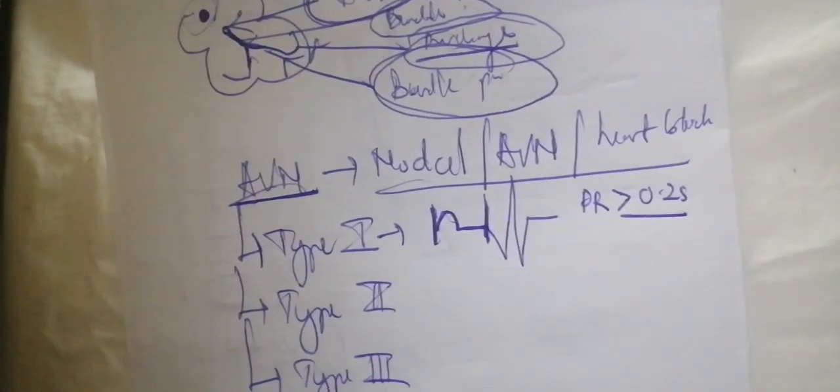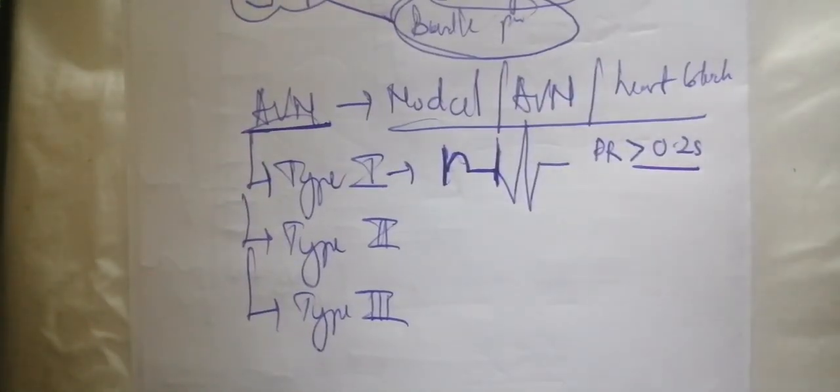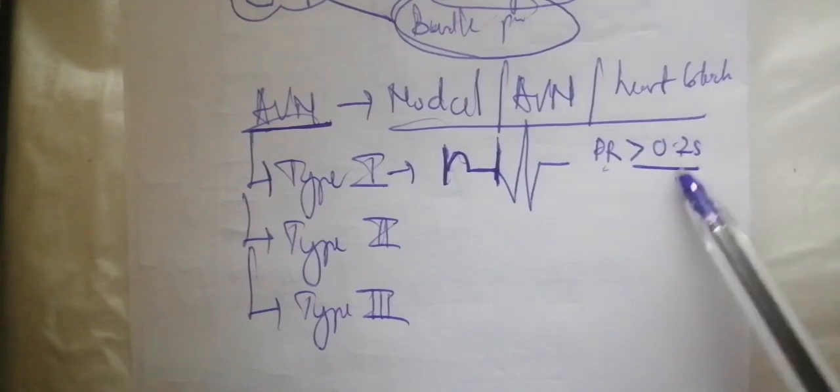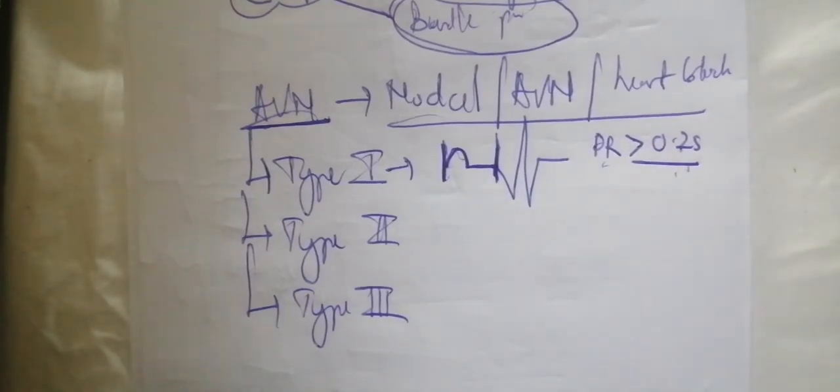When you measure from the beginning of the P wave to the beginning of the QRS complex, if there is an increase of the PR interval greater than 0.2 seconds, and 0.2 seconds corresponds to 1 big square, it is going to show this problem, the type 1 heart block.